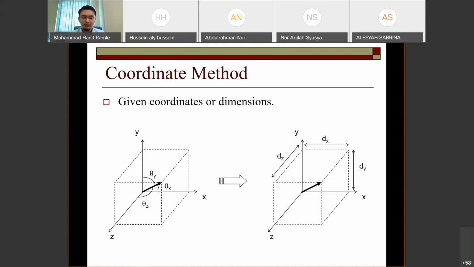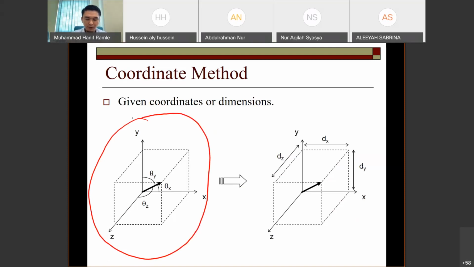The first one consists of three different angles: theta x, theta y, theta z. But for the coordinate method, we use this dimension, which is the distance, dx, dy, and dz. If you find this system without any angle given, you have to use the coordinate method.